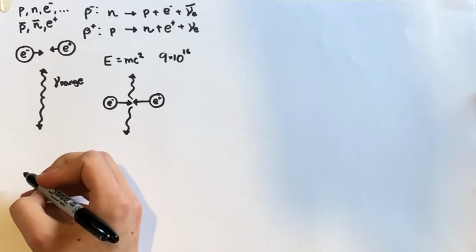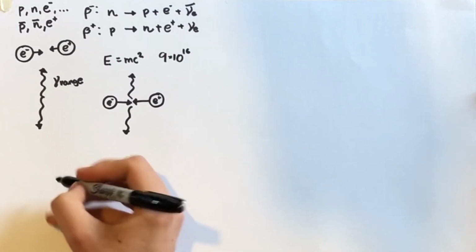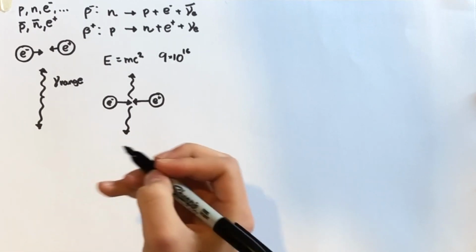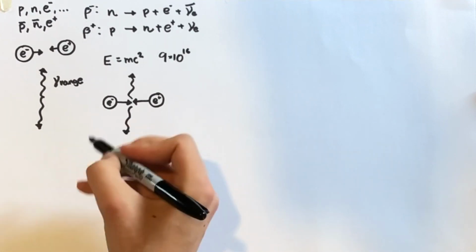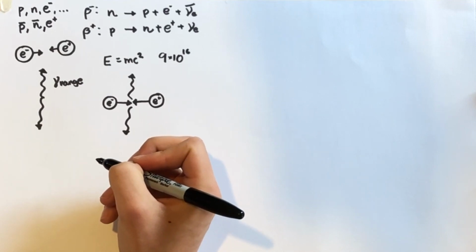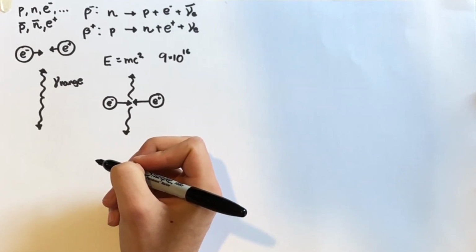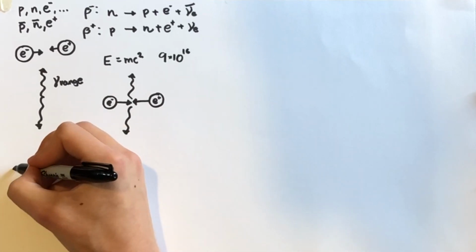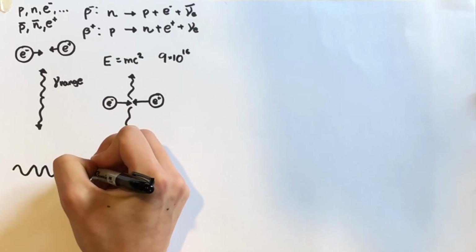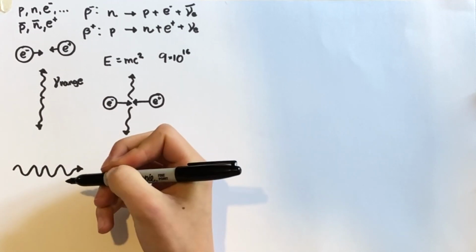But we can also consider this the other way around, in which rather than mass being converted into energy, we can have energy in the form of electromagnetic radiation being converted into mass. And this we refer to as pair production. So say we have a high energy gamma ray.